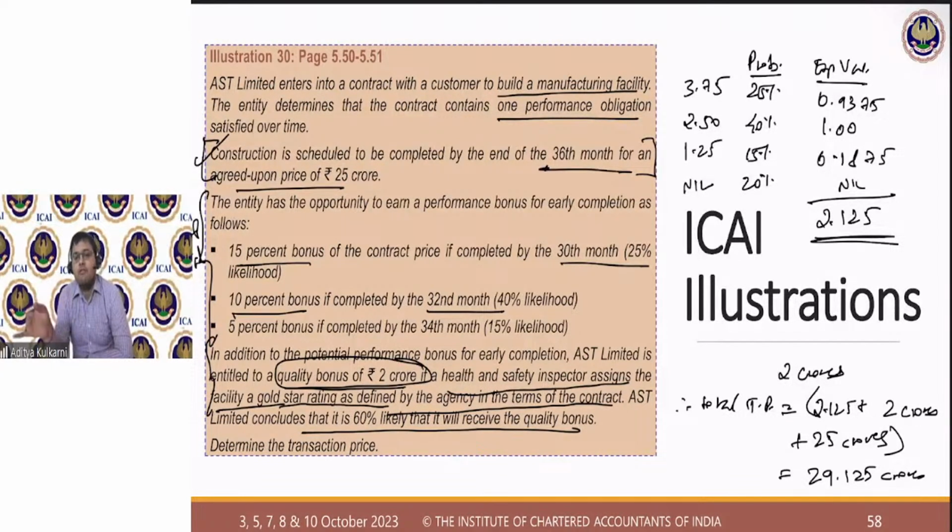The probability of you getting the rating is 60%. You cannot do 2 into 60% because you are not getting 1.2. You will get 2 only. Since your probability of getting the rating is more than 50%, it is more likely than not that you will get the rating. Therefore, we recognize the entire 2 crores as the expected transaction price.